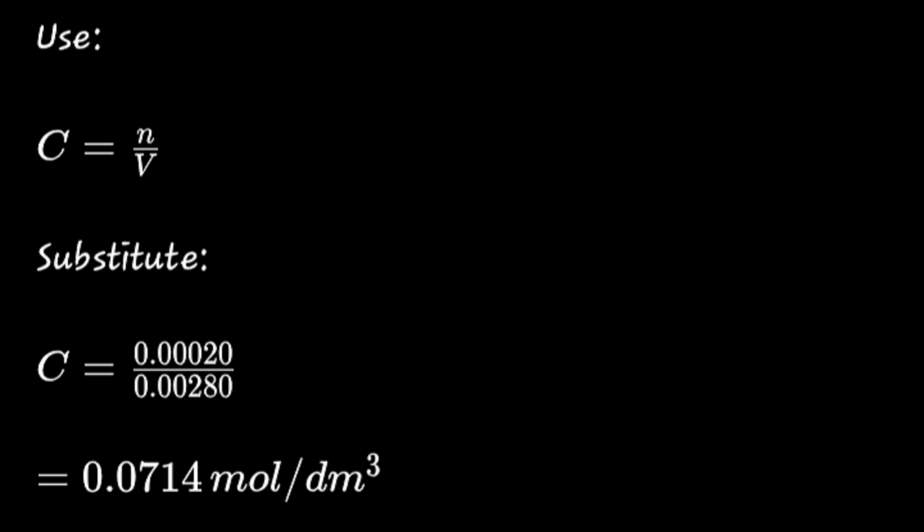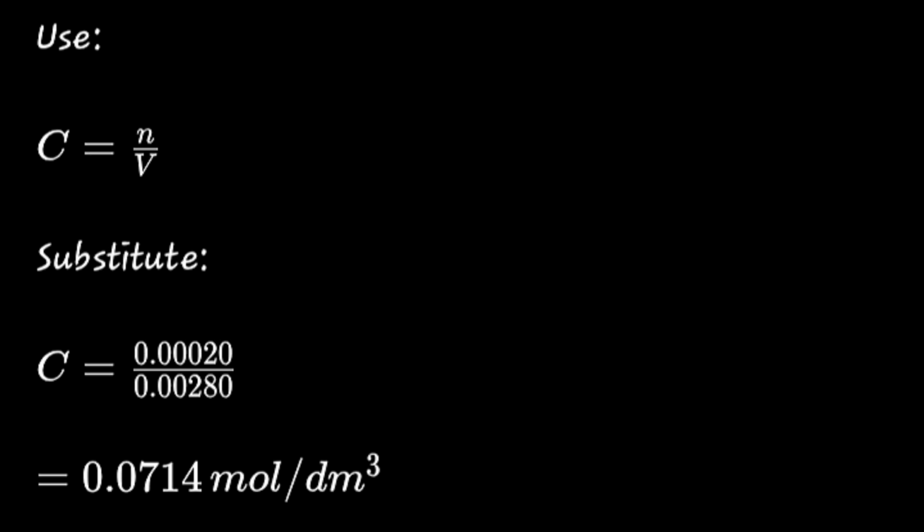We converted the volume from cm³ to dm³: we had 2.8 cm³ when we titrated our average titer, so we converted to dm³ and have 0.0028 dm³. Then we have our answer to be 0.0714 mole per dm³. That will be the concentration of the KMnO4 in this equation.